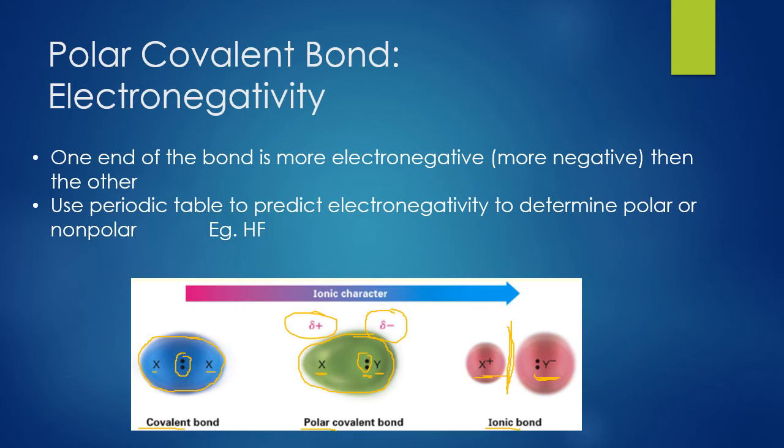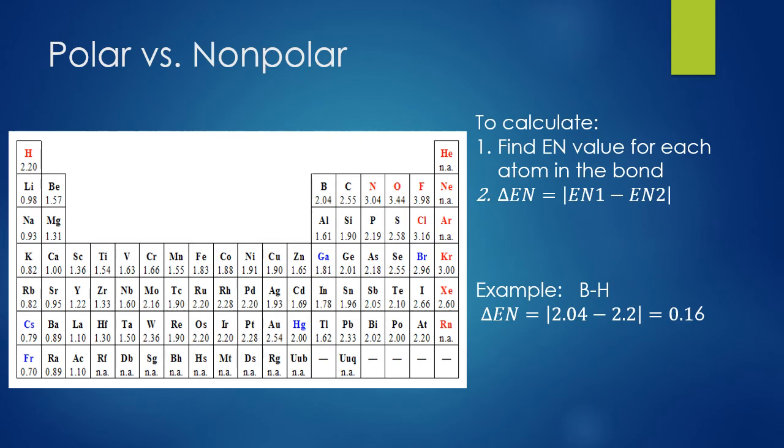So how are we going to figure out the difference between a nonpolar covalent and a polar covalent bond? We can use the periodic table to predict electronegativity, and you'll actually get an electronegativity table which you can use the values to calculate. Here's that electronegativity table that I was referring to on the previous slide.